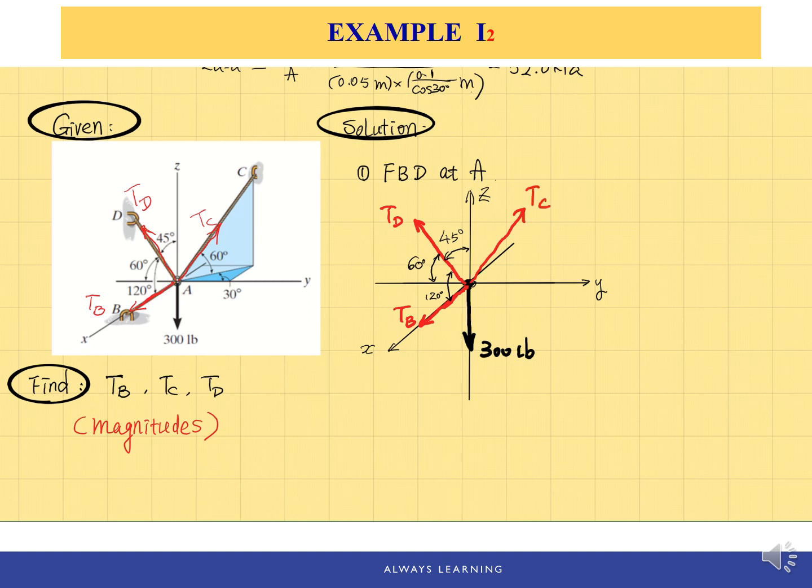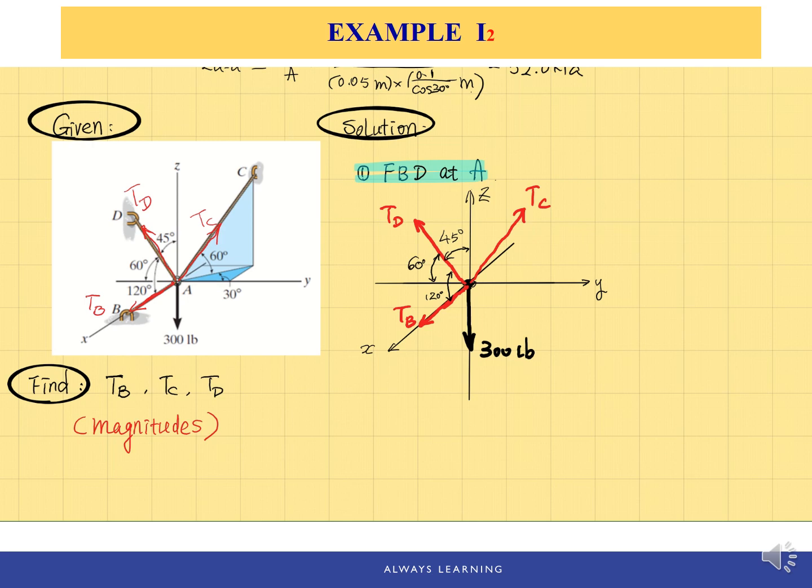I'm not going to draw those projection triangles on this figure, otherwise this free body diagram will be so messy. We'll refer to the original given information to write down TC in Cartesian vector form later. So now the free body diagram at point A is done. There are four forces exerting at point A with one given value. All the other three values are not known.